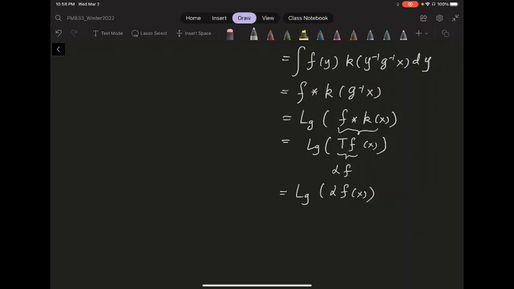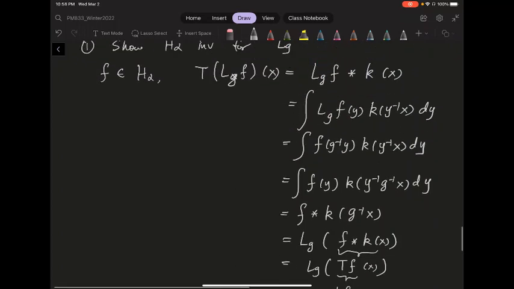Well, now alpha is a constant, so that goes out. So this is alpha times the left translation of f, evaluated at x. So let's see what we proved. Essentially, I proved that if I apply T to L_g of f, I get alpha times the same vector L_g of f. So L_g of f, again, is in the L2 space.